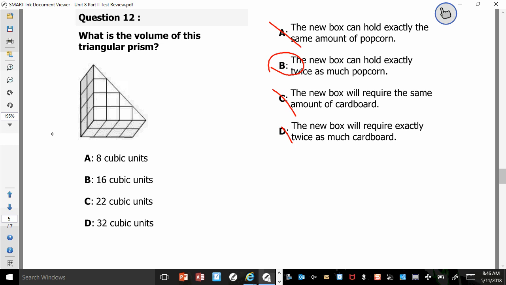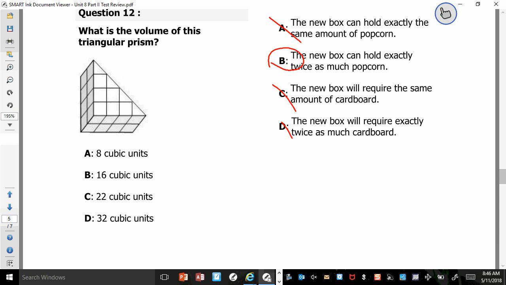All right, question 12. So use the formula, or you just count them. Anybody use the formula? Who counted it? Raise your hand. Okay. So you got what? 16.